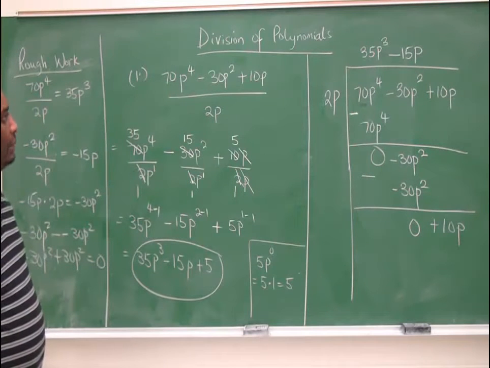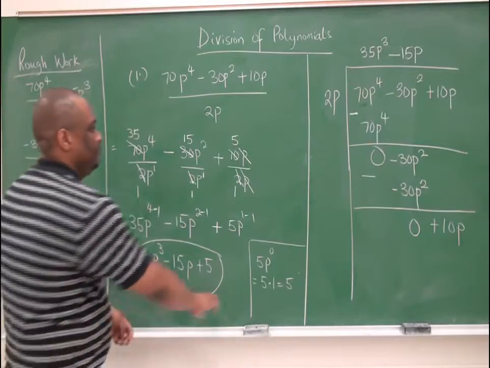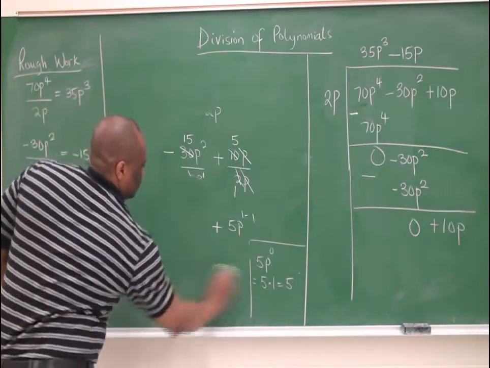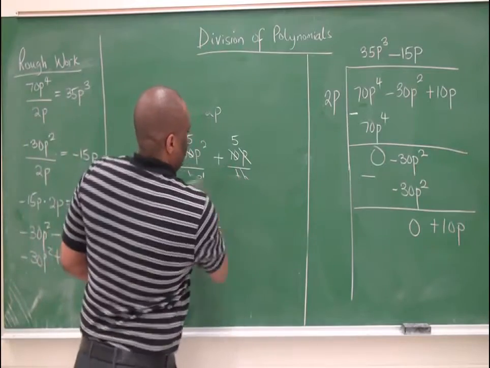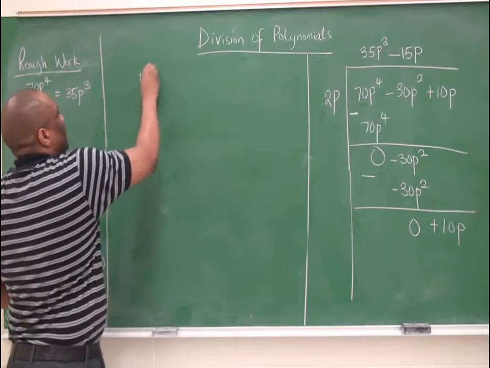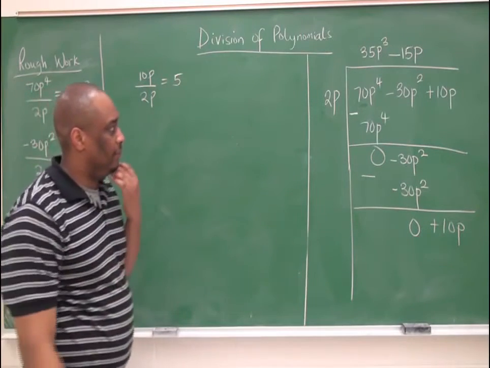If you don't mind, I can erase this so that I will have some space. So you now do 10p divided by 2p, and this gives you what? 5.